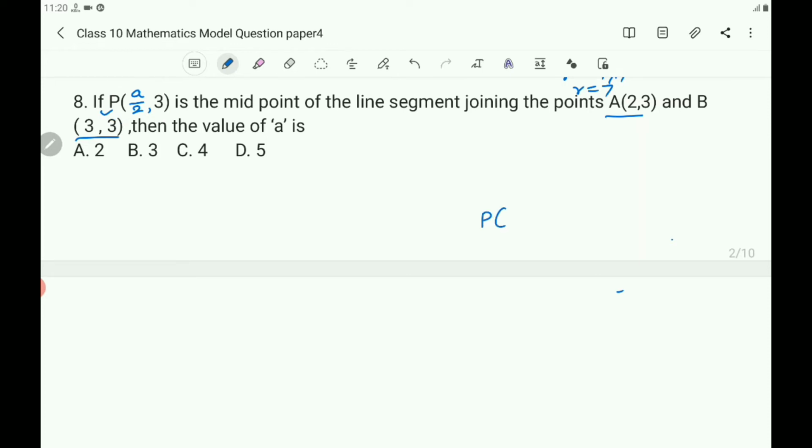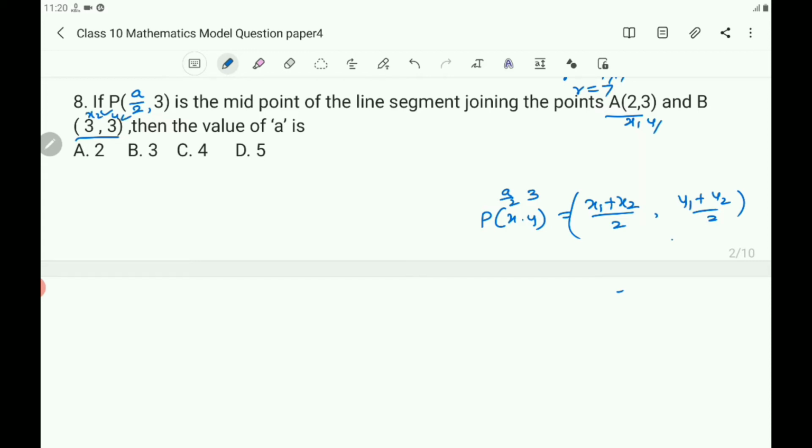That is P(x, y) equals ((x1 plus x2) by 2, (y1 plus y2) by 2). Also you can write (x2 plus x1) by 2, (y2 plus y1) by 2. Here (x, y) is what? (a by 2, 3), and you know that this is (x1, y1), this is (x2, y2).